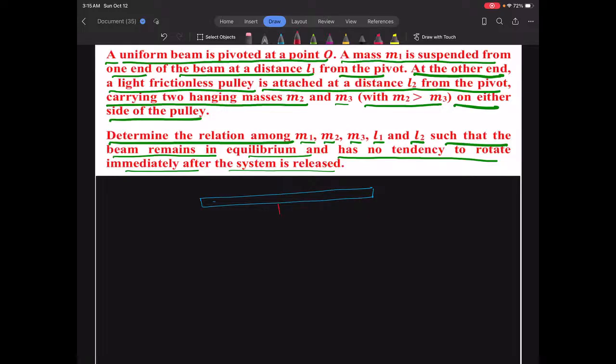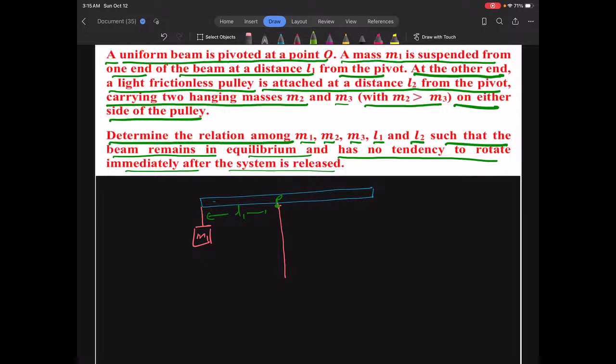Let us assume that this is our pivot point, which we call P. And there is a mass m1 somewhere here, and its distance is L1 from the pivot point.